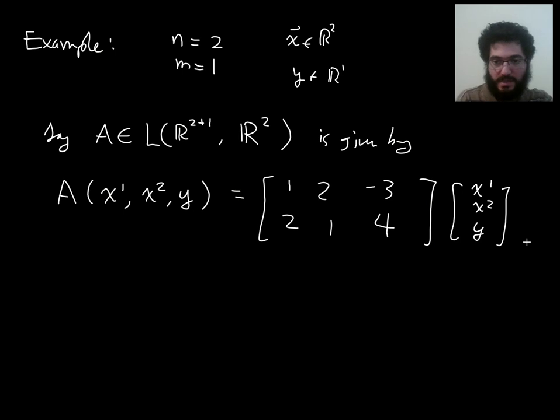So say you have this setup. This is a linear function from R^3 to R^2, and you can see we have a short, fat matrix representing it, right? So this is the matrix representing our linear function in the standard basis.